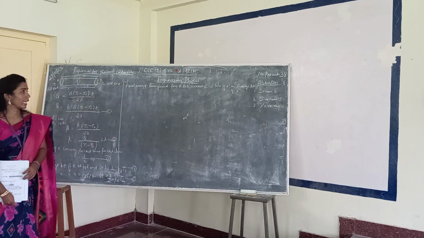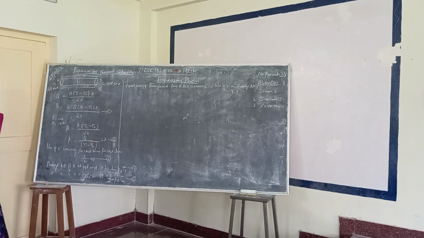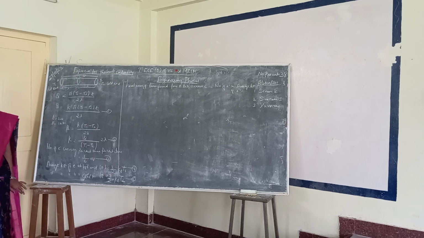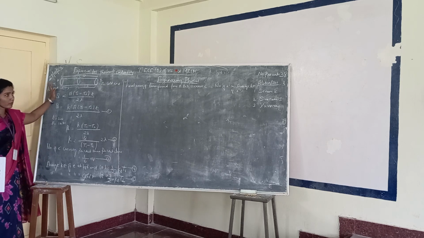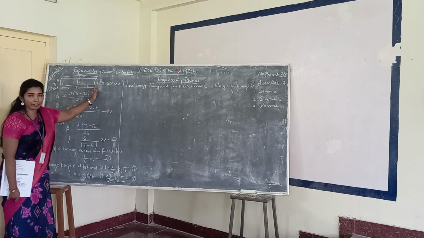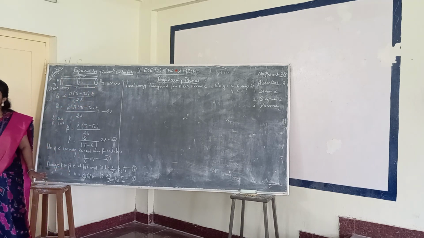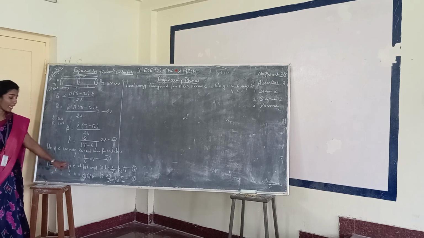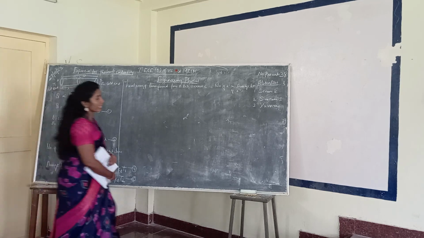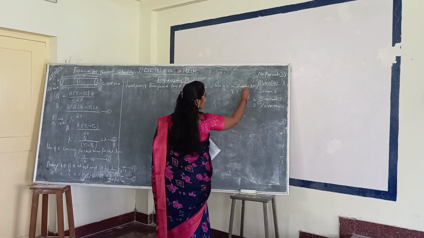Listen here, the heat energy transferred from A to B across C is nothing but the number of electrons into the average kinetic energy at the end of A.